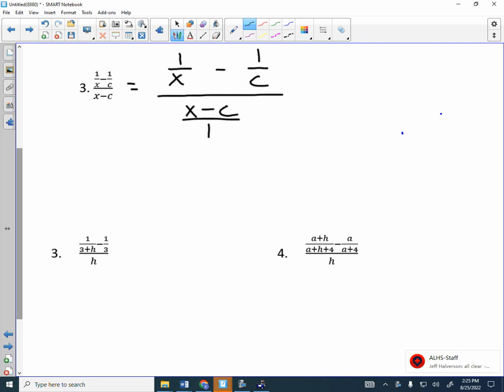Okay, good. So the first rule is make one fraction at the top, one fraction at the bottom. I've got one fraction at the bottom. The bottom is good to go. How about the top? What's going to be the denominator for the top? x times c. So I multiply top and bottom by c, and here I multiply top and bottom by x.